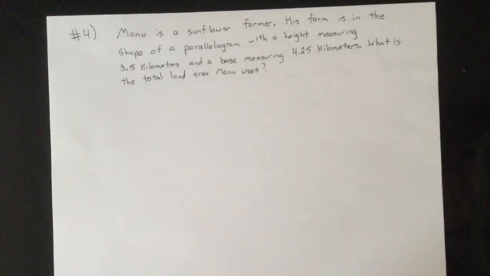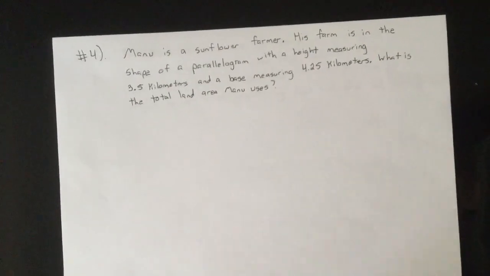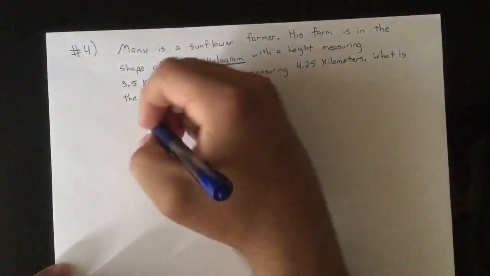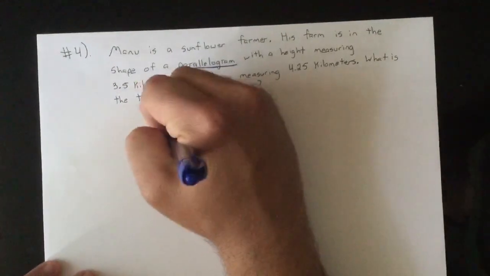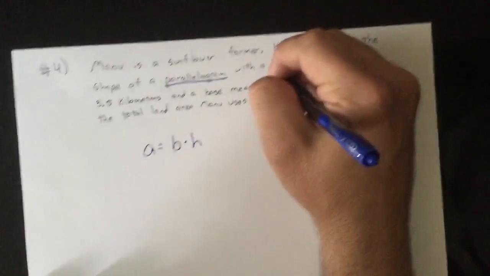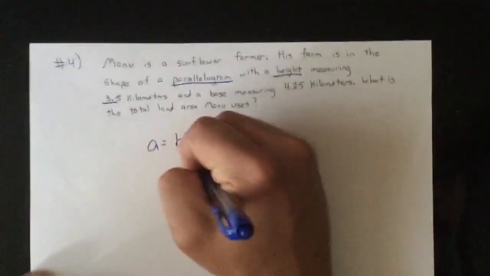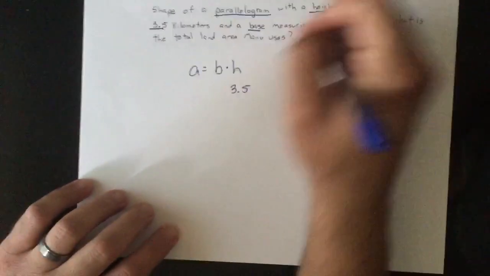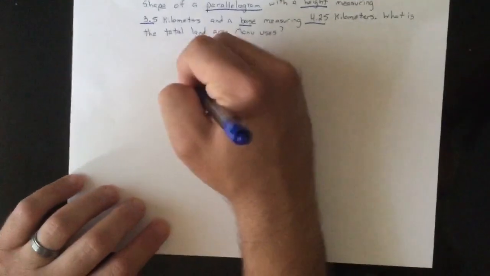Manu is a sunflower farmer. His farm is in the shape of a parallelogram. So again, guys, the formula for a parallelogram, base times height. It says it has a height of 3.5 kilometers. And it has a base of 4.25 kilometers.